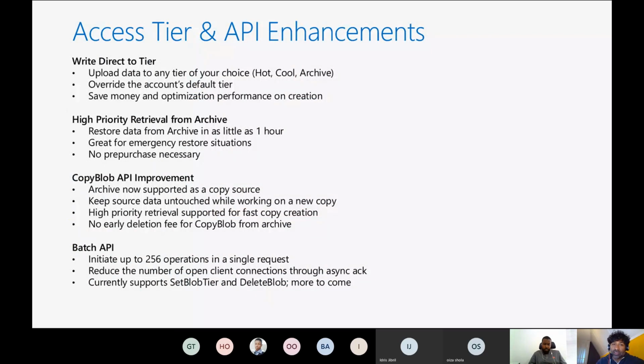So with the access tiers and different APIs that you can connect with, and the policies that you can set, you can upload data to a specific tier of your choice, depending on how the storage account is split up.